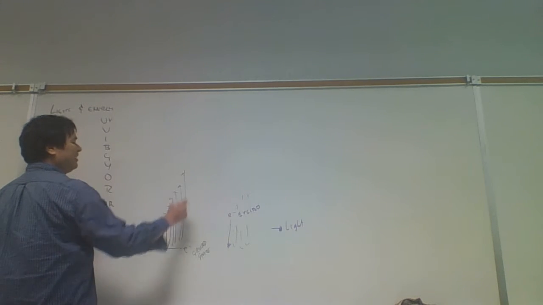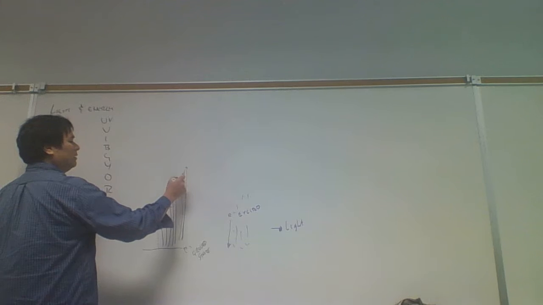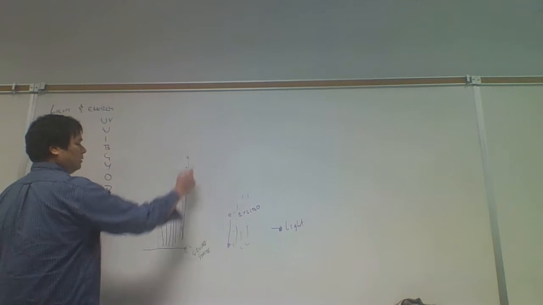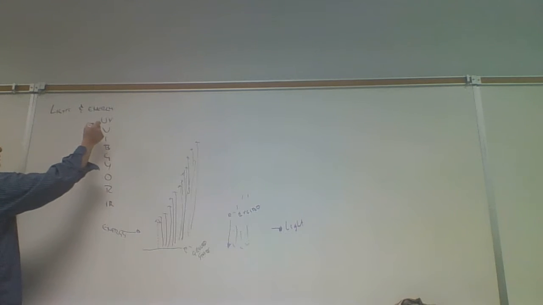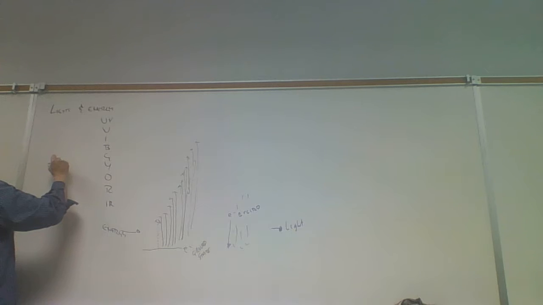And when you see white, what is that? That's all the colors of the rainbow. In fact, when you see all the colors in the rainbow, what we see is a continuous spectrum, or a continuum of colors.